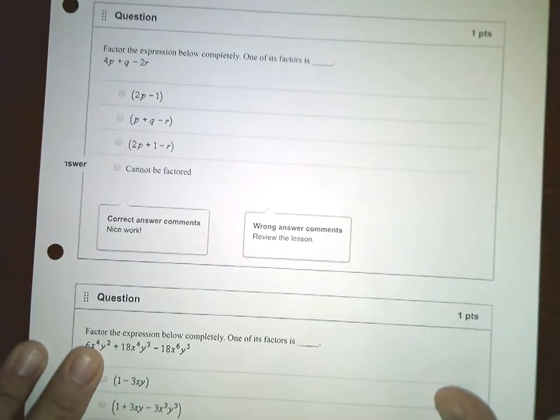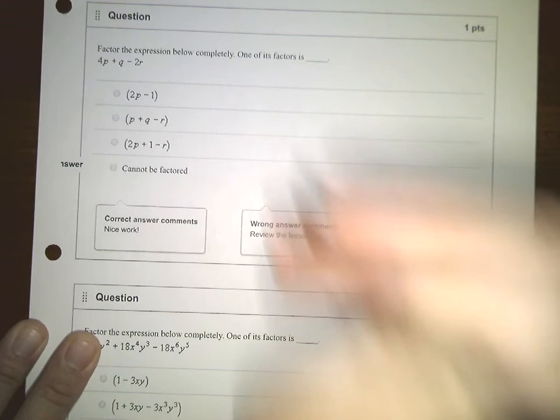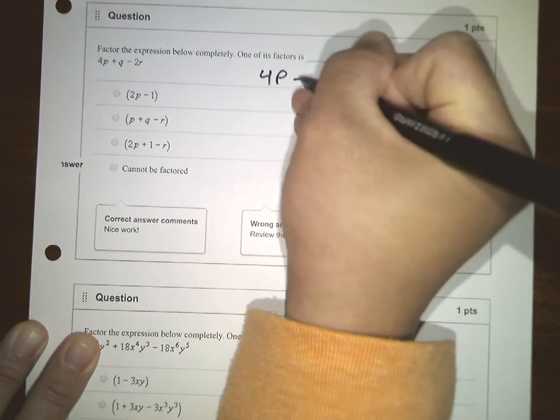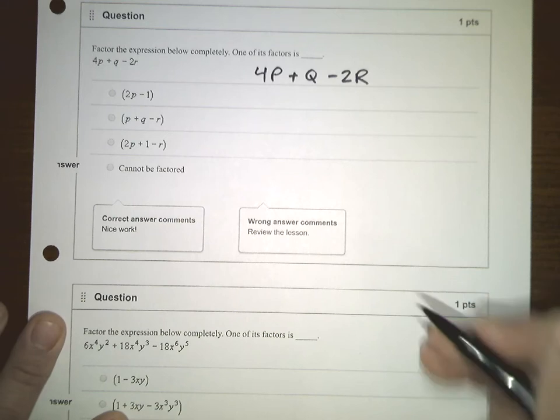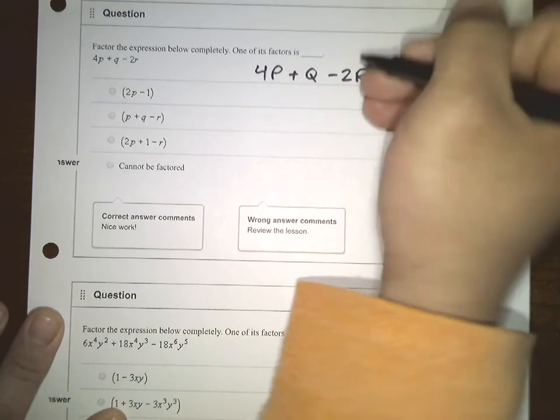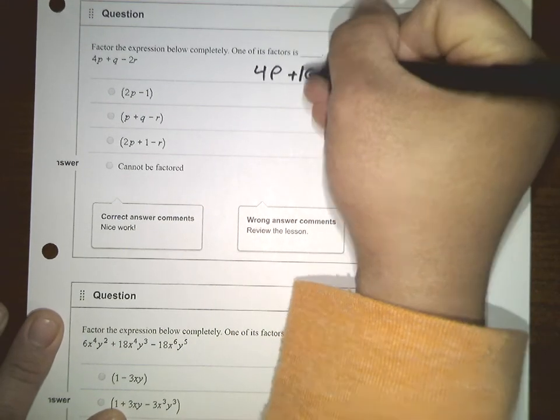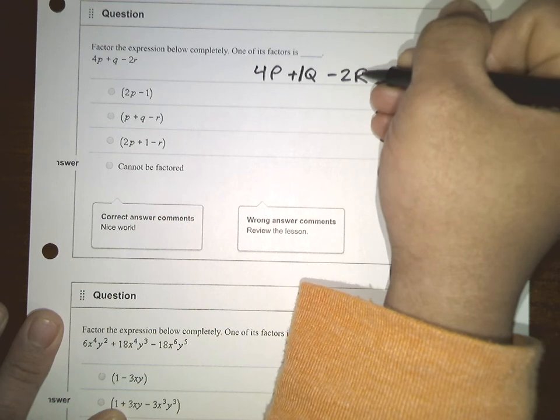All right, so now I will look at another one here. So we have 4p plus q minus 2r. So we see that this is 4p and this is like 1q and negative 2r.